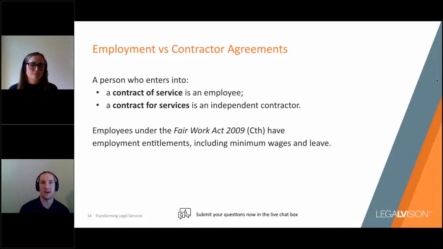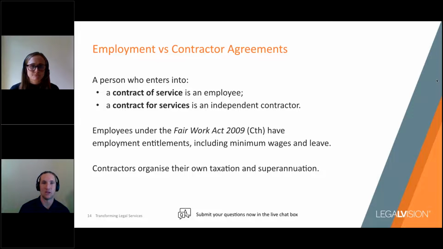And when we're talking about employees under the Fair Work Act, they've got a number of entitlements that need to be covered in the employment agreement. So we're talking about leave, annual or personal leave, whether there are any applicable awards at which the employee needs to be paid, and also their salary.